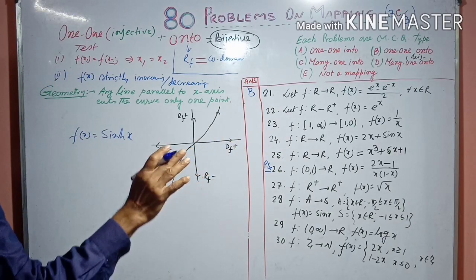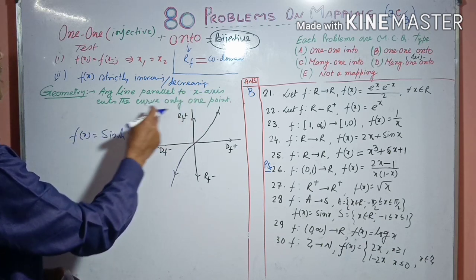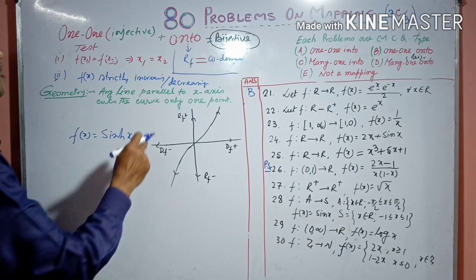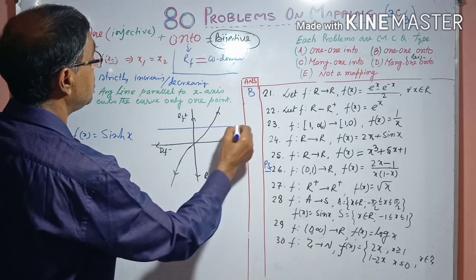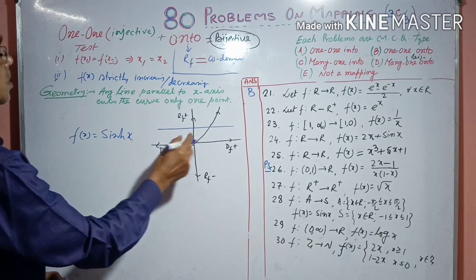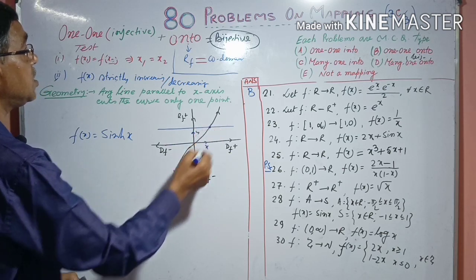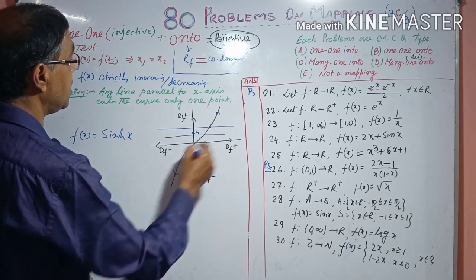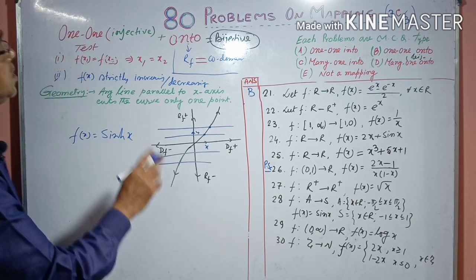Or we can say if any line parallel to the x axis cuts the curve at only one point, then it is one-one. For any parallel line, it cuts only one point, so it is one-one.